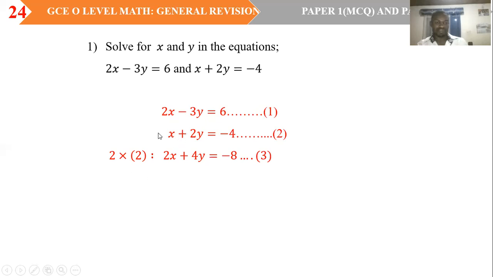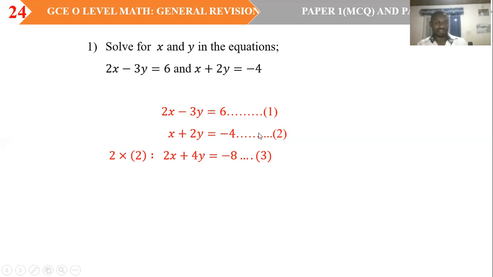That is why I have identified x, and I want to make the coefficient of x in equation 2 the same as the coefficient of x in equation 1. To do that, I simply multiply equation 2 by 2, which is the coefficient of x in equation 1. That is what I'm using.